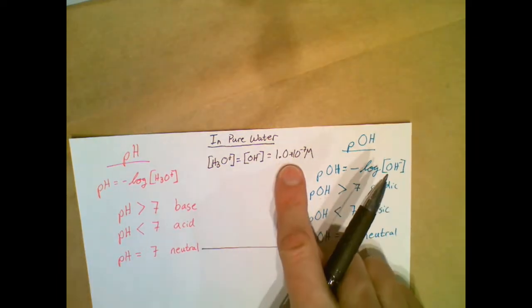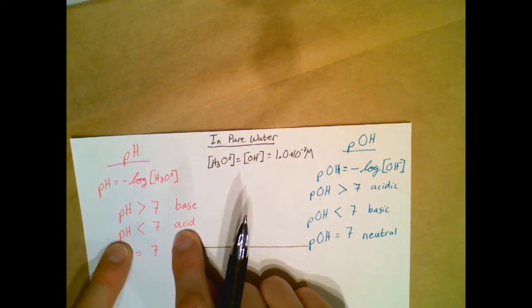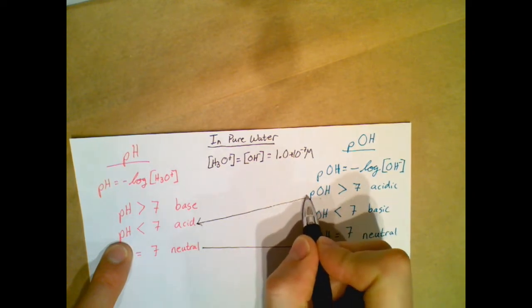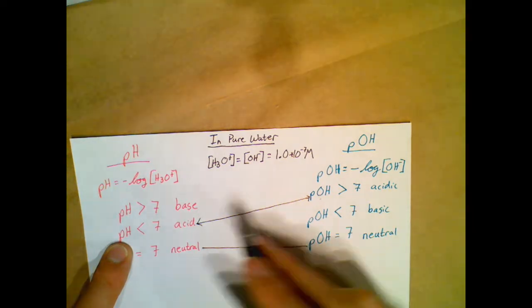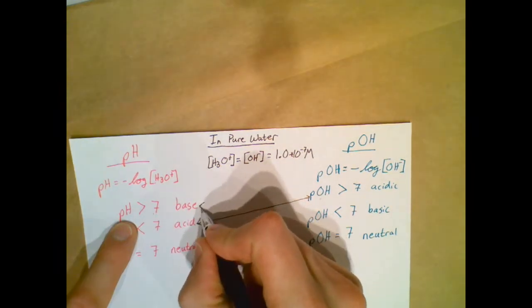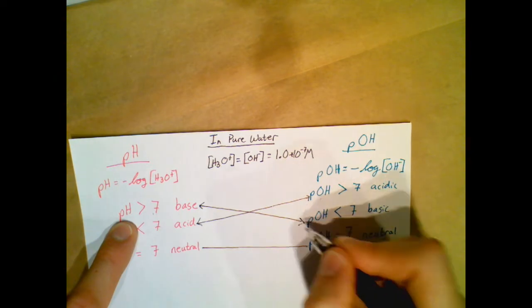But in a solution that's, let's say, acidic, you would have a pH less than 7. But you would also have a pOH that is greater than 7. If you have a pH that is greater than 7, you would have a pOH that is less than 7.